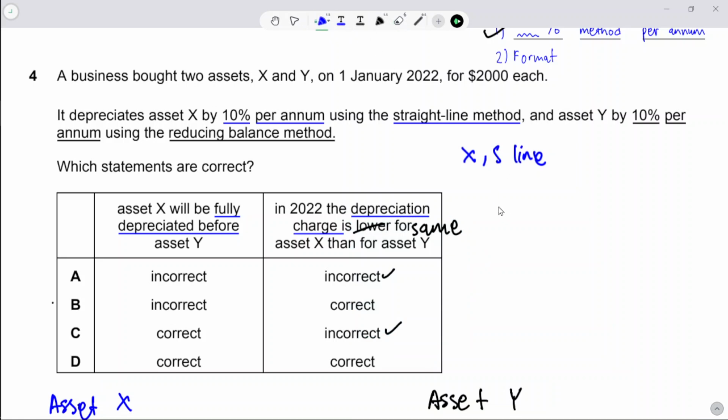So the graph. Okay. So the graph will be on your net book value. This one is a net book value, while this one is a time. I will say this one is year. The net book value will go down like that.